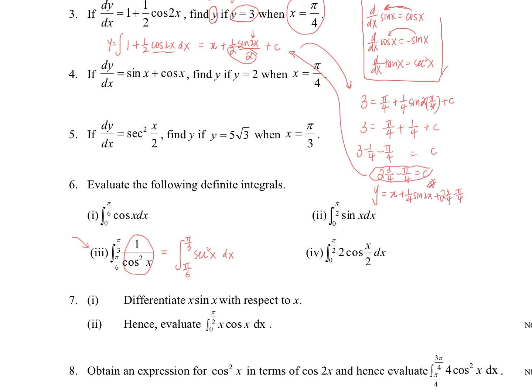So remember, you only know how to do secant square, sine and cosine. Just like that only. Don't be scared. Just this one. It's so freaky eh. So you get this.